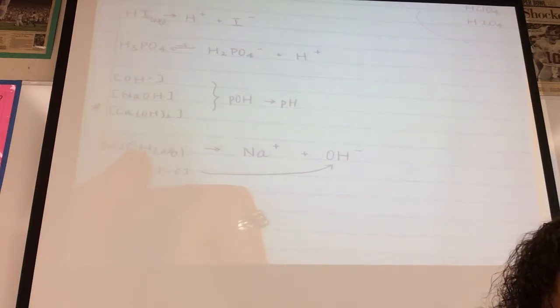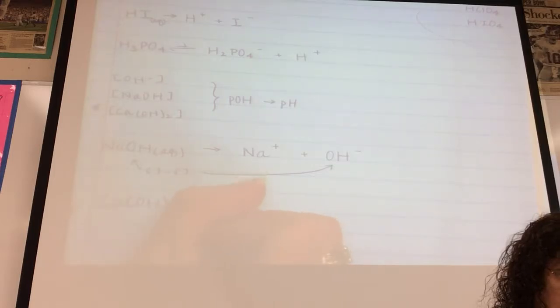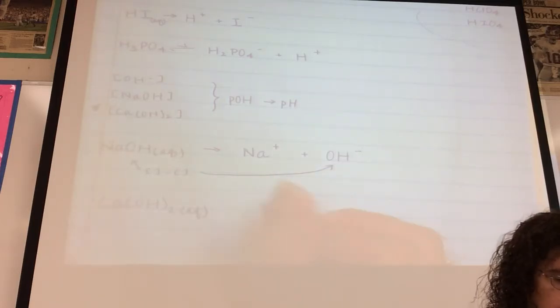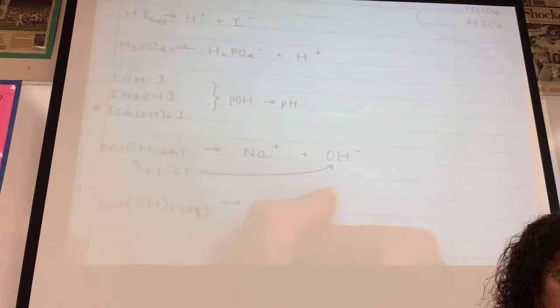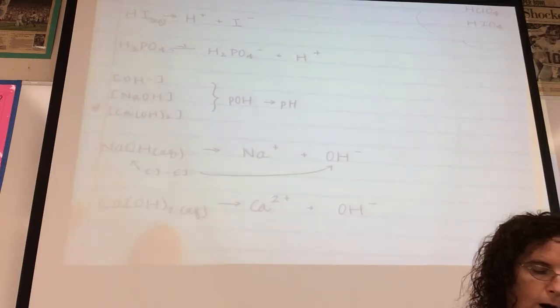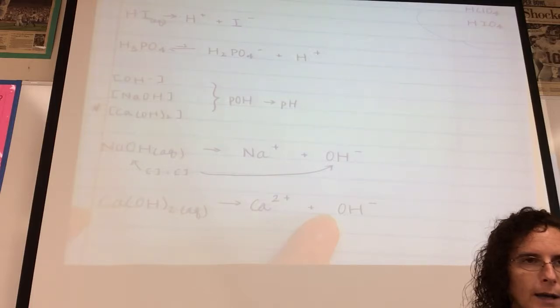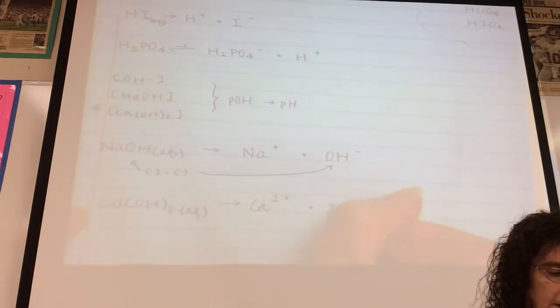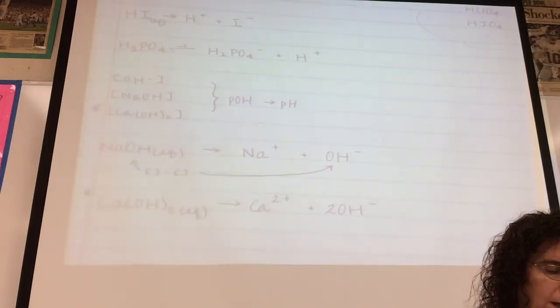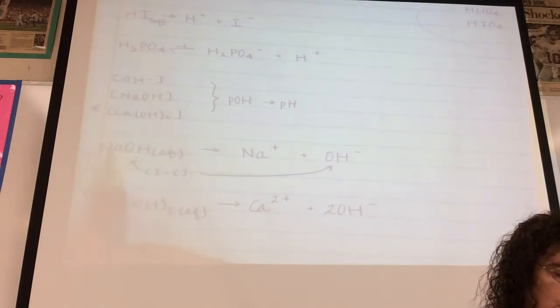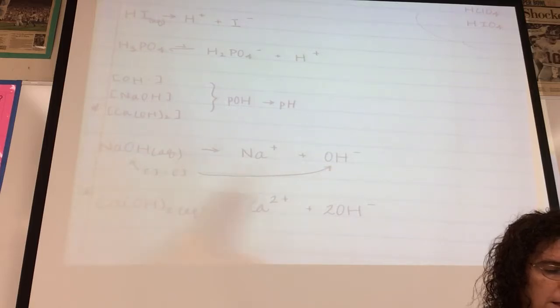Be careful, if you have a strong group 2 base, of which there are 3 that you'll need to know, but in this situation I would tell you, for every 1 mole of strong base, calcium hydroxide, how many moles of hydroxide ion do you generate? 2. So this is a little trickier. We'll get there in a minute. But if you have a strong group 1 hydroxide, and all group 1 hydroxides are strong, these concentrations are equal.